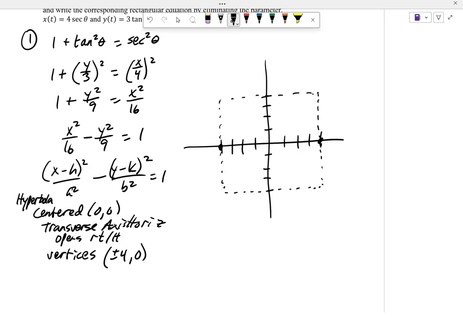So notice I'm going up a b amount. Oops, that's totally wrong. I'm only supposed to be up 3, you guys. Sorry about that. 1, 2, 3. Okay, there we go.